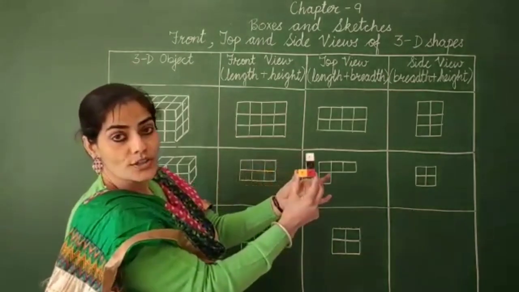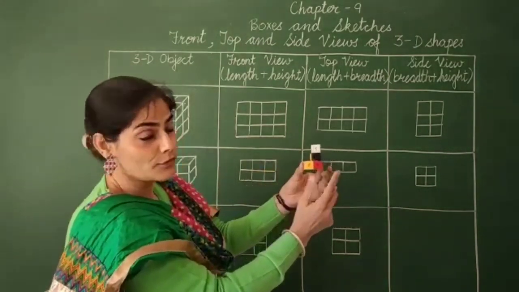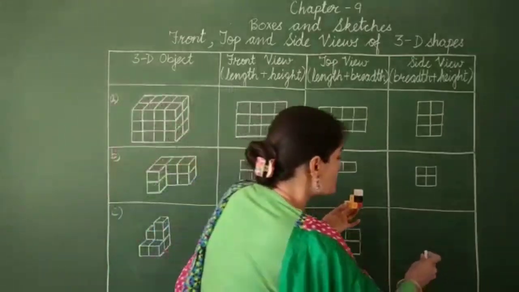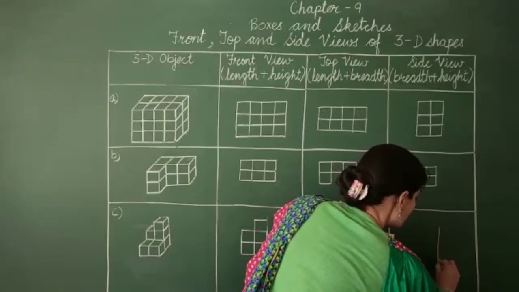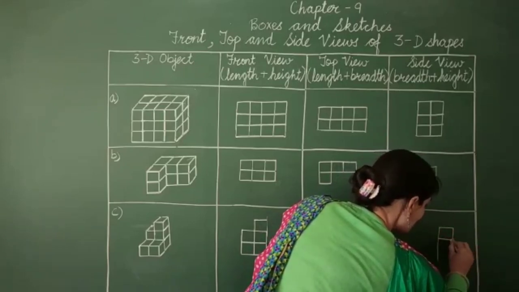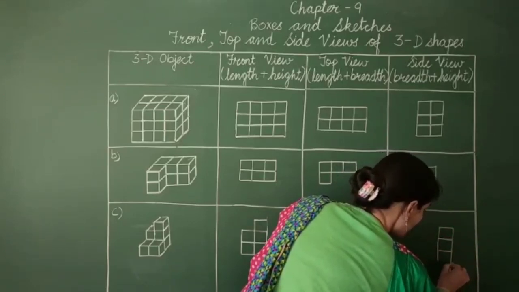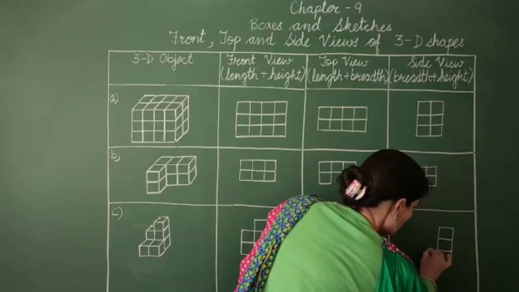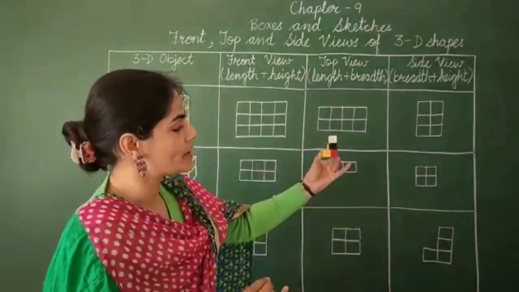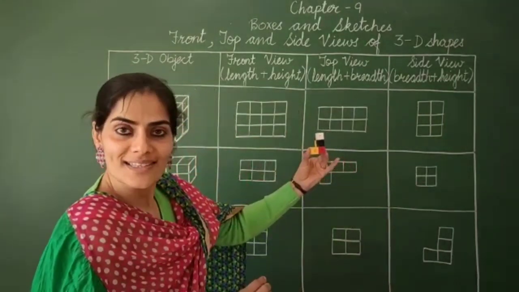So this is what you are going to see from the side of this object. So let's draw 3 boxes or 3 squares in a line like this, and then one more on the side. This is how it's going to look from the side.